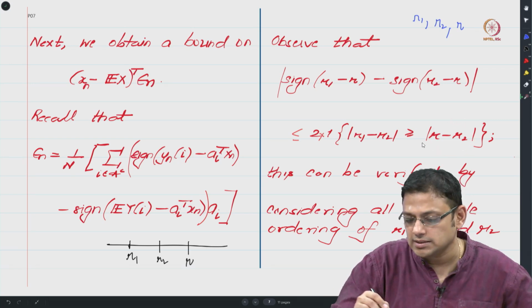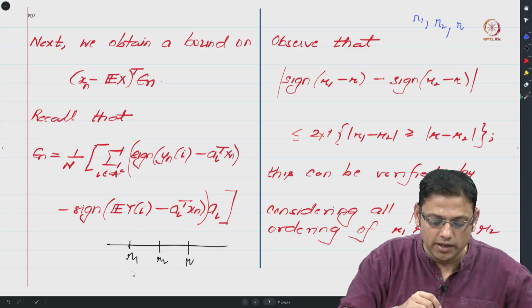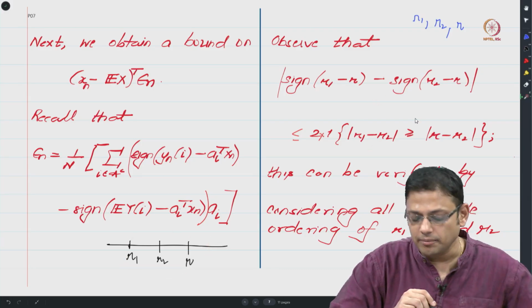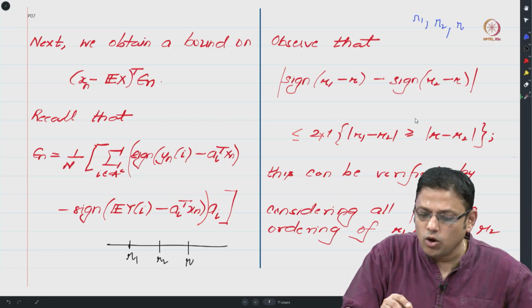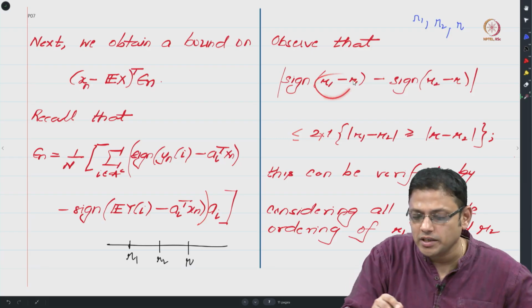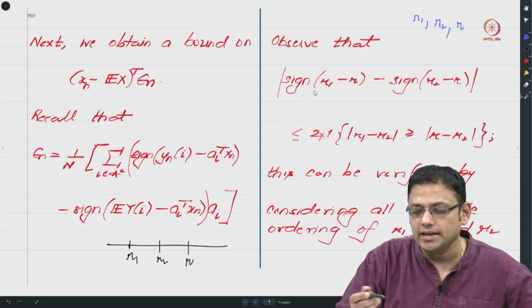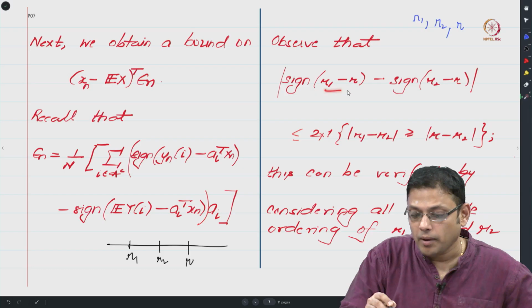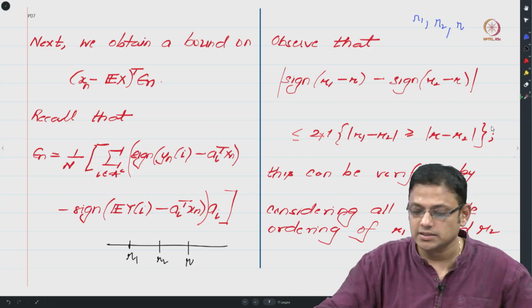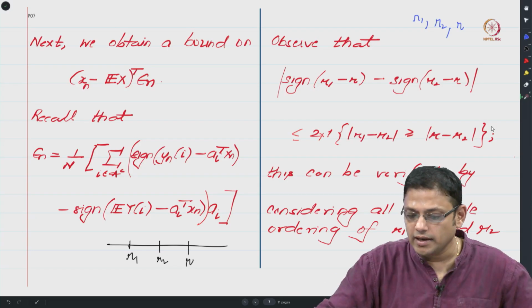So you can consider such an ordering and verify that such an inequality indeed holds. Is this okay? Recall that this sign expression can be -1 or +1, and if the argument is 0, it can take an arbitrary value between -1 and +1. So one can see that in all those scenarios one can indeed verify this condition.